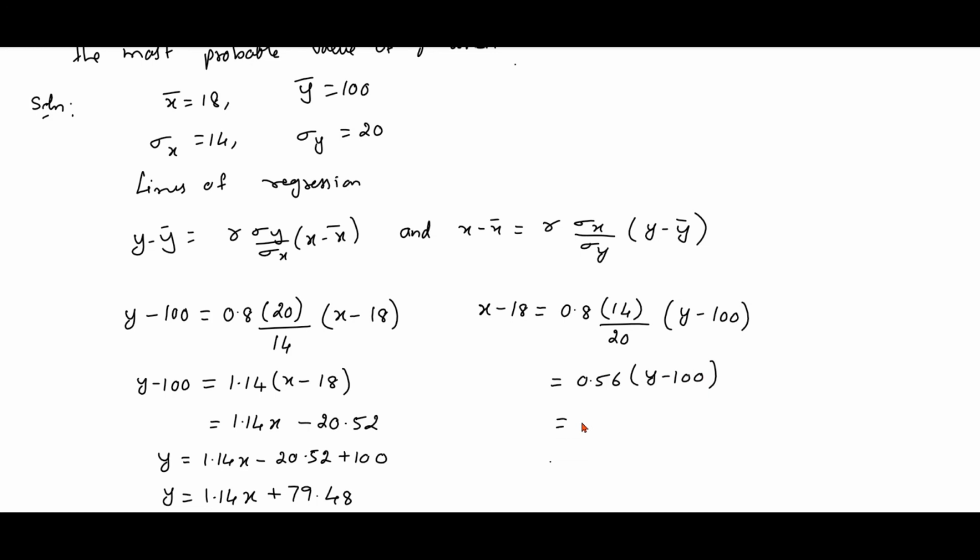Multiplying this 0.56 with Y, you get 0.56 times Y minus 56. So X will be equal to 0.56 times Y minus 56. This minus 18, when it comes to the right-hand side, becomes plus 18.